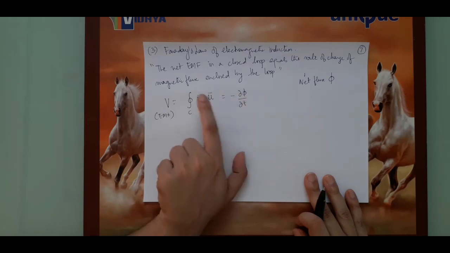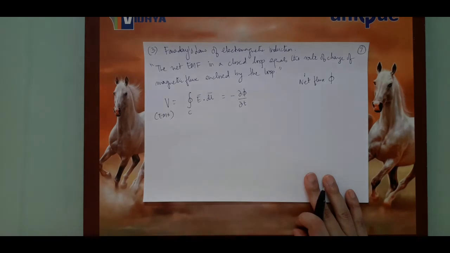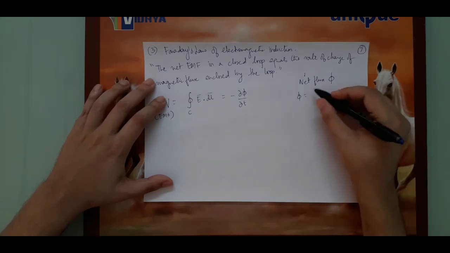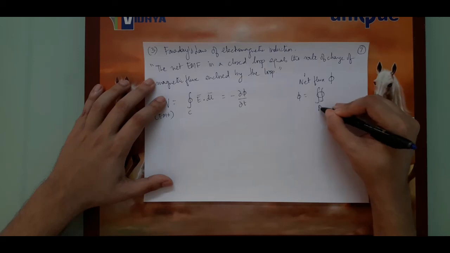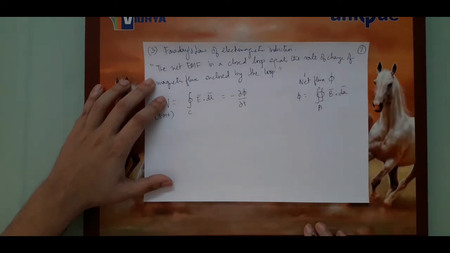The nature of the EMF is such that it is always opposing the cause that is producing it. In this case, it is the magnetic flux. So flux is nothing but the integral of the flux density over area. So I can substitute flux over here.